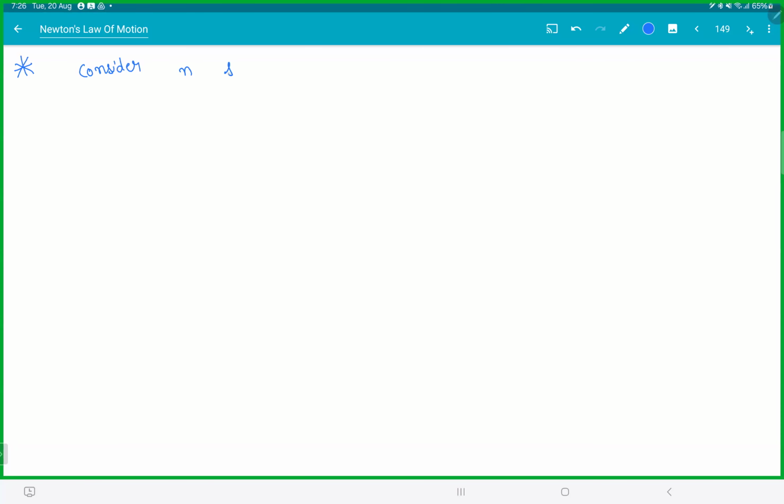Consider we have n strings with tensions T1, T2, so on till Tn, attached to n different blocks.